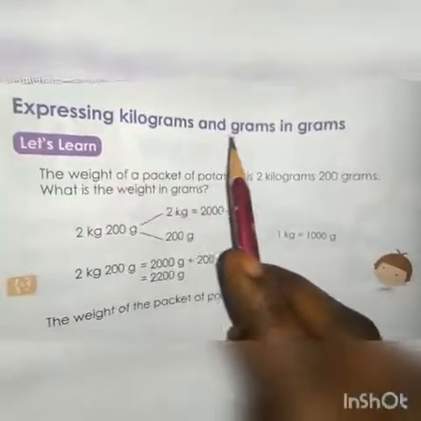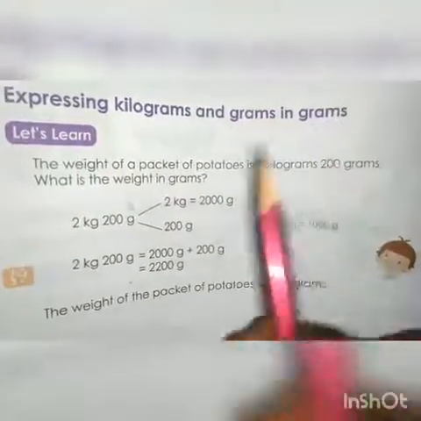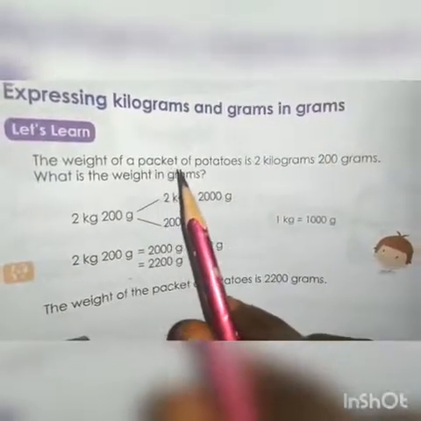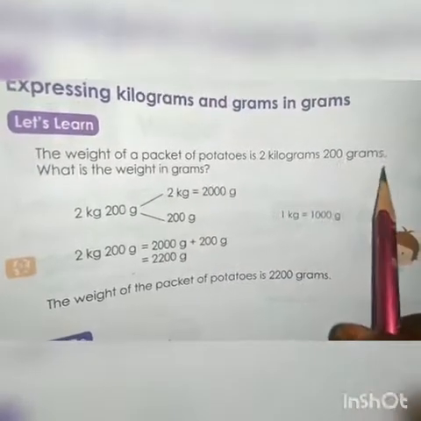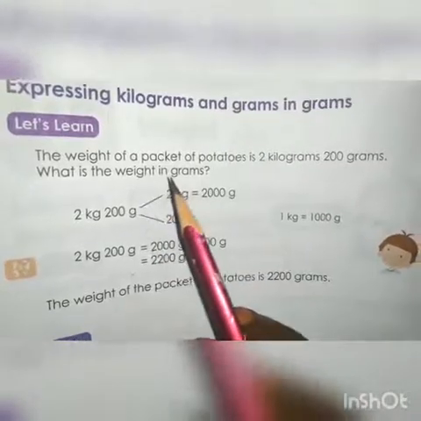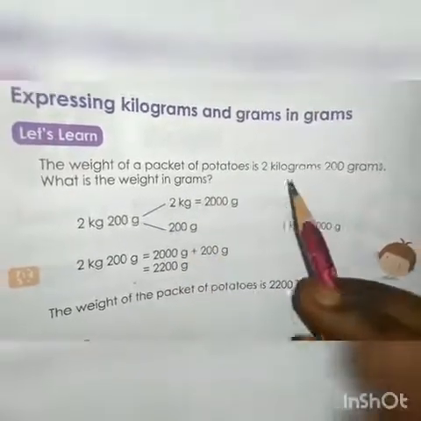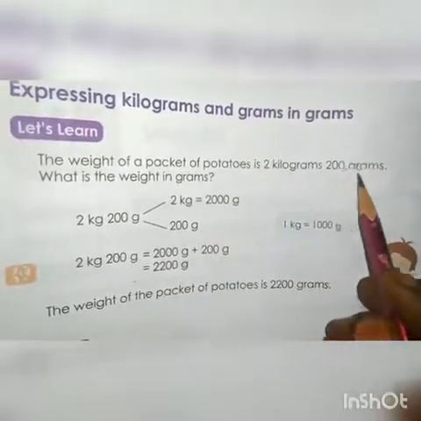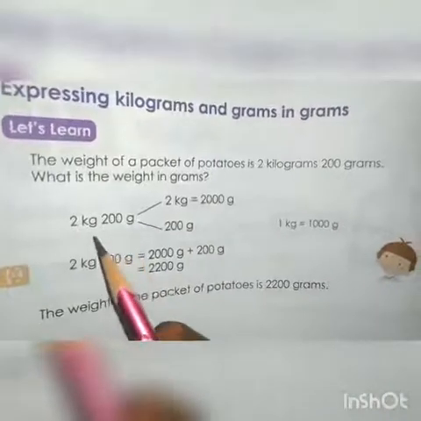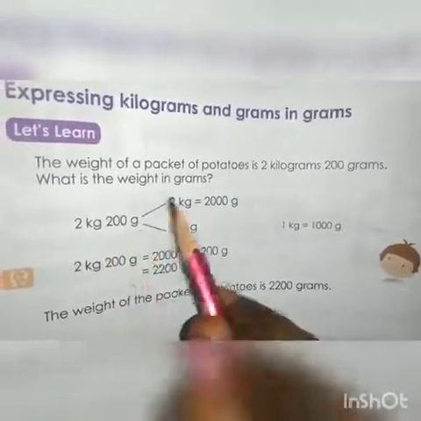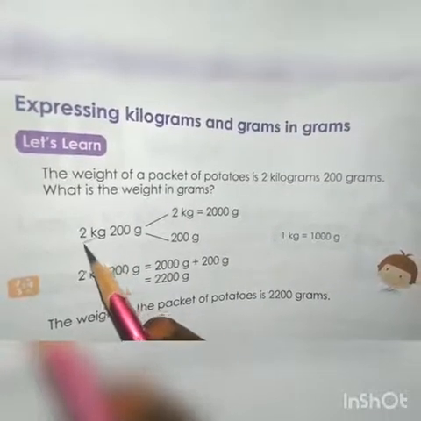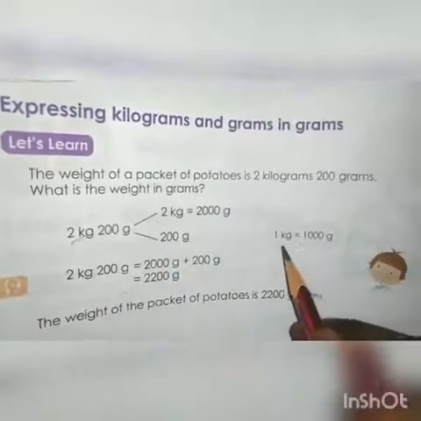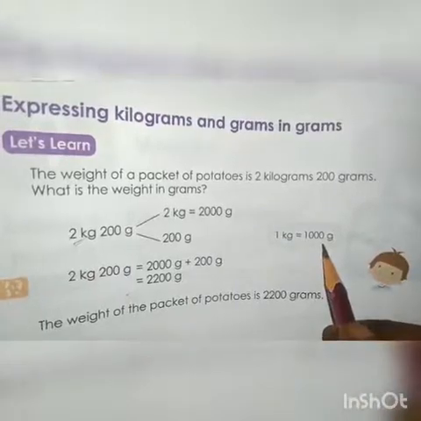Expressing kilograms and grams in grams. The weight of a packet of potatoes is 2 kilograms 200 grams. What is the weight in grams? What is given? 2 kilogram 200 grams is given. We have to convert all these into grams. So for that we know the formula for kg. 1 kg is equal to 1000 gram.